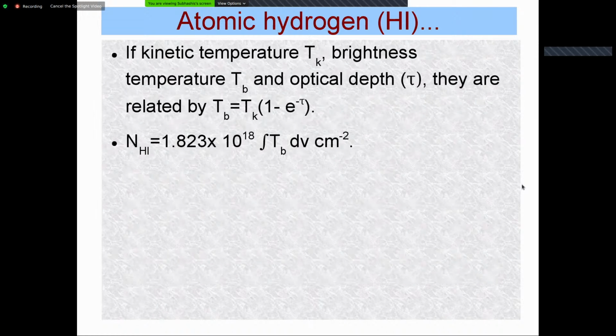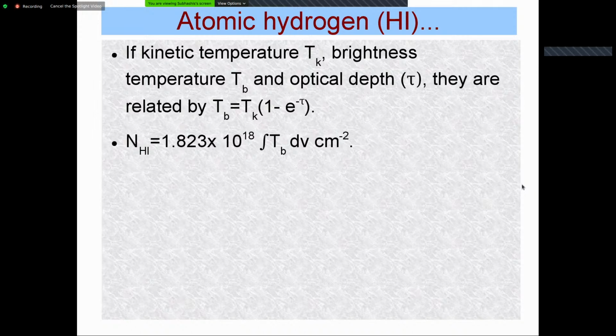Now, in general, if one uses radiative transfer, again, I'm not going into radio basics, I think Deepankar is covering those things, radiative transfer and so on. So in general, if kinetic temperature is Tk, brightness temperature is Tb, and optical depth is characterized by a variable called tau, one can show that T brightness is equal to Tk into 1 minus e to the power minus tau.